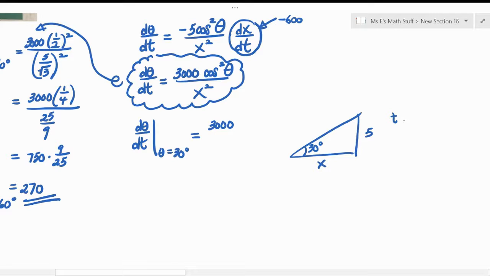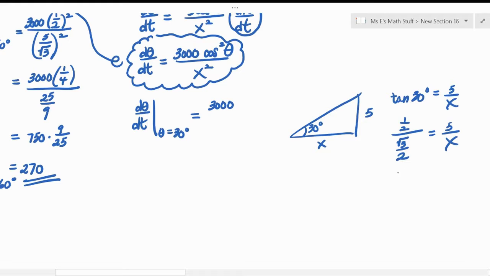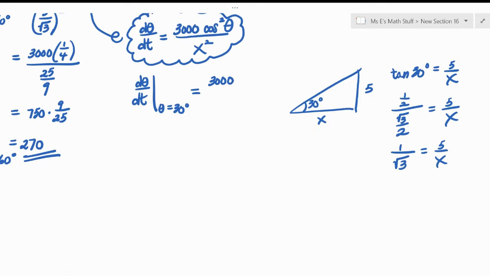Tangent of 30 degrees is opposite over adjacent, which is the sine divided by the cosine. Flip and multiply, you get 1 over root 3. You could multiply both sides by root 3 and then multiply both sides by x, so you'd end up with x equal to 5 root 3. There we go. That's a way to go about that.